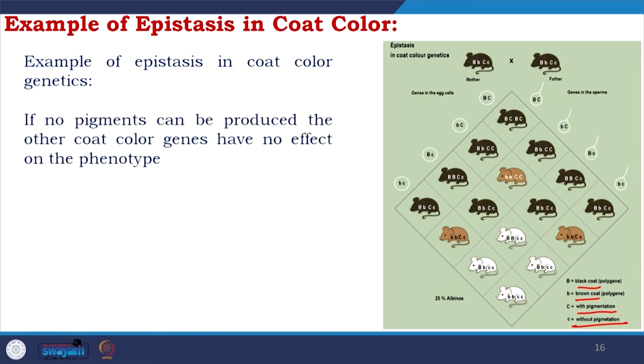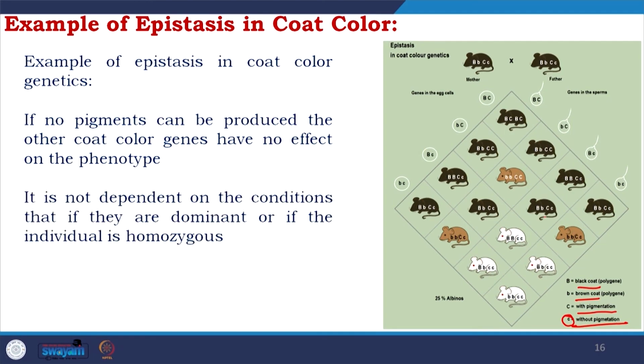So, if no pigments can be produced, the other coat color genes have no effect on the phenotype. So, if you have cc without pigmentation from both sides, you will not see the effect of other colors, black, brown, anything else. You will get them albino white. It is not dependent on whether they are dominant or whether the individual is homozygous.